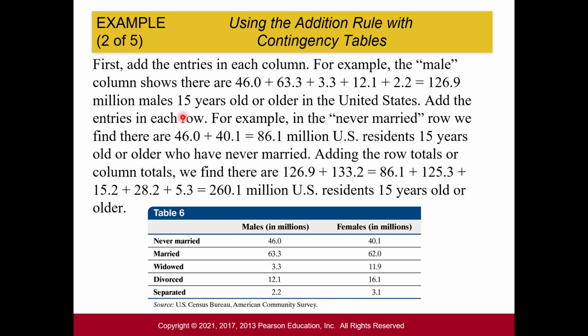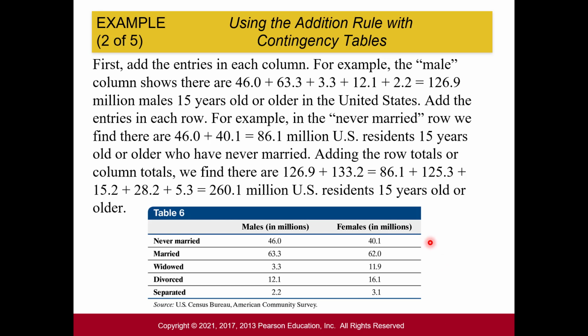Okay, so first we're going to get some totals. If we add the entries of each column, for example the male column, just adding straight down, we get that the total number of males is 126.9 million. We could put that down here at the bottom. If we add all the entries of our rows, we have the totals over here to the right.